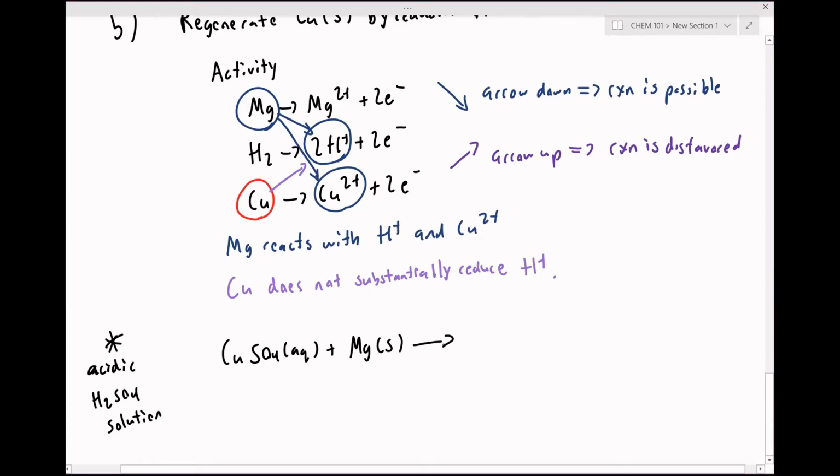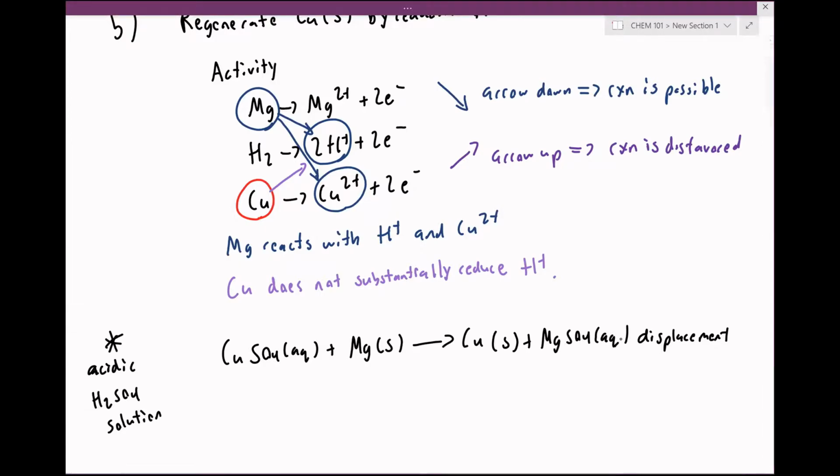So the first reaction that we have is a classic displacement reaction, where magnesium is going to displace copper from this compound copper sulfate. So we have our pure element magnesium displacing copper from this compound to generate a pure element copper and a new compound of magnesium sulfate, aqueous.